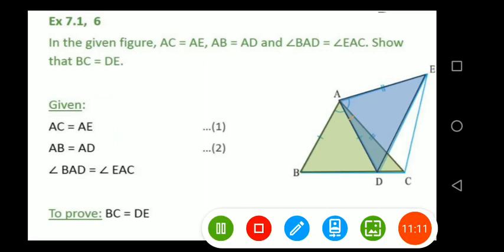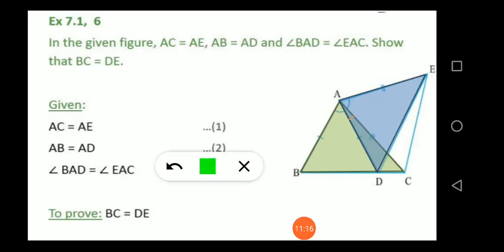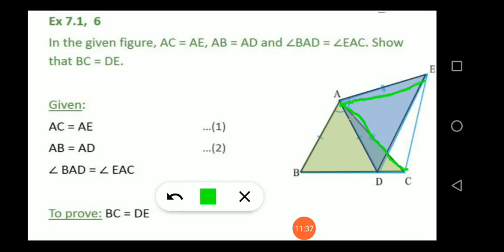Now again question number 6. Here we are given a figure which is a little bit like a quadrilateral. Actually it is a quadrilateral with few constructions. Here it was given that line AC and line AE are equal. Then we are given that line AB and line AD are also equal.